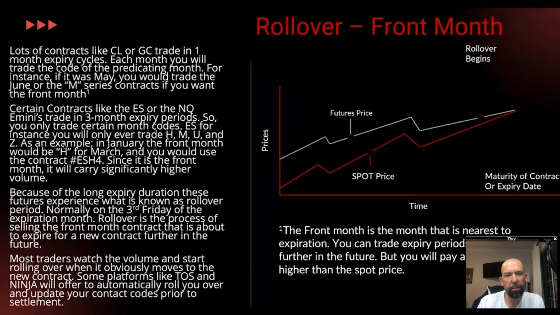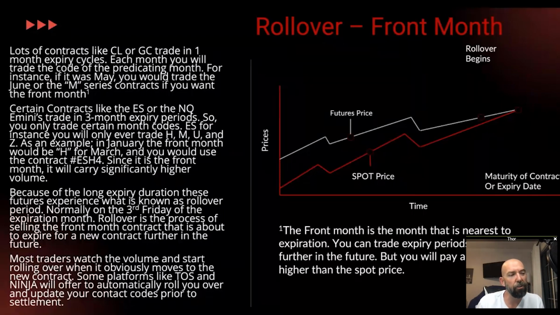Certain ones like ES and NQ are quarterly, right? So that's why we have to worry about the expiration. The front month is the month that is nearest to expiration. So whenever we're trading what we say is the front month, that's kind of like saying I'm trading a stock ticker or an option, and I'm trading 0 DTE.